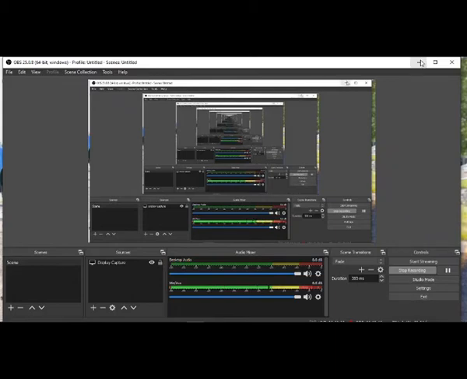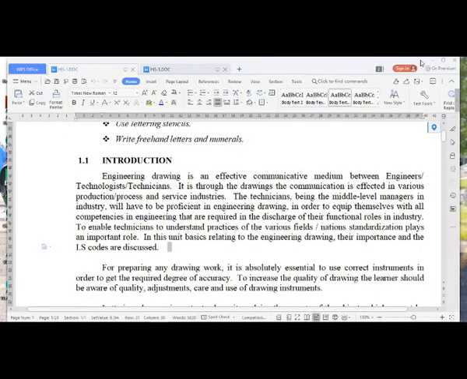Now let us continue the previous introduction to engineering drawing. Engineering students, engineers and technologists use engineering drawing.